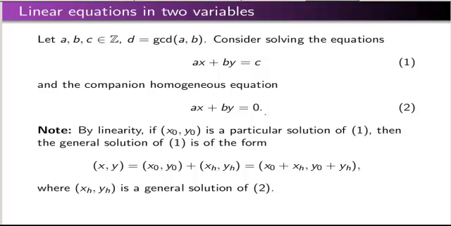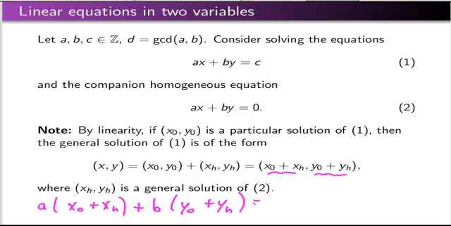So let's see why this is true, because if you just take these values and insert them into 1, you'd have a times x0 plus xh plus b times y0 plus yh, distributed out: ax0 plus by0 plus axh plus byh.